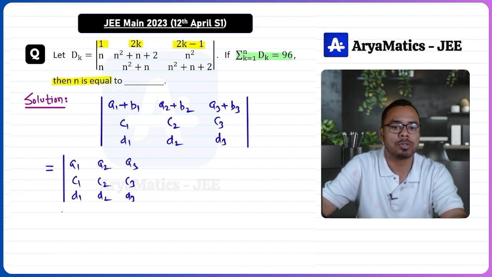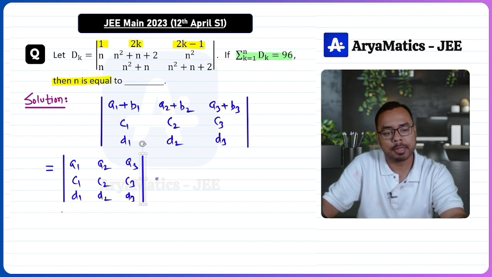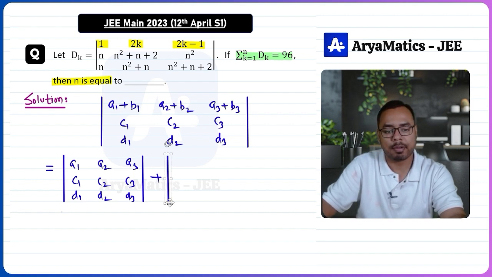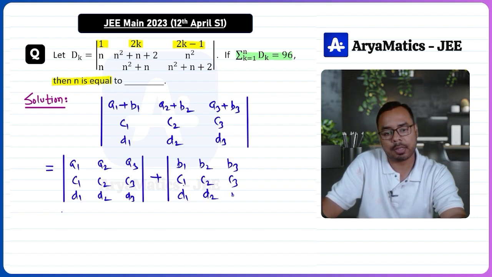For the second determinant, the first row will be b1, b2, b3, then here you have c1, c2, c3, and then d1, d2, d3.